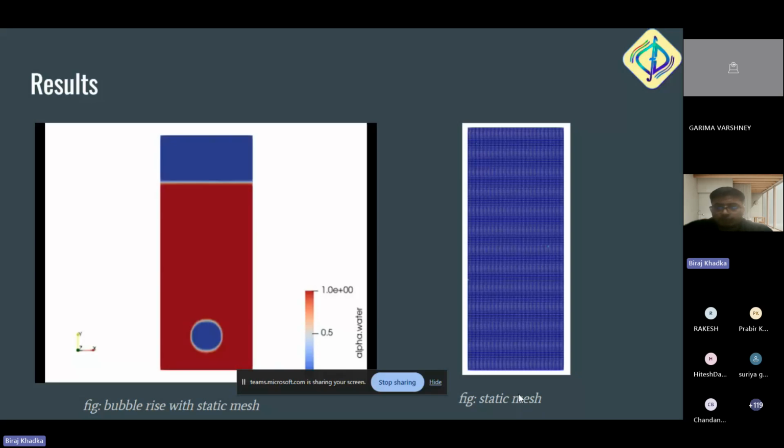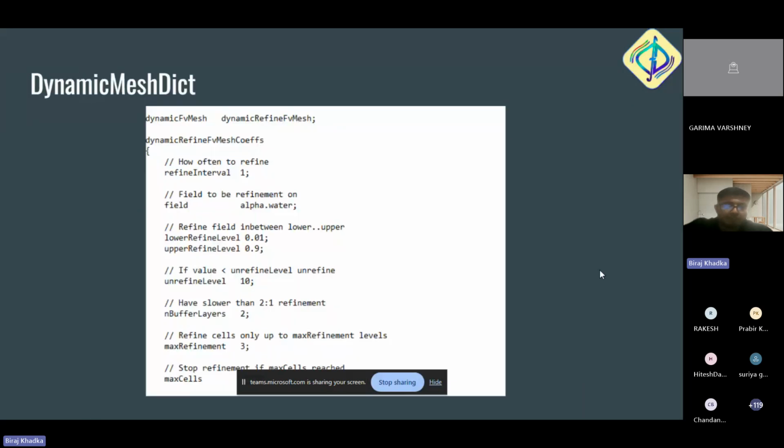But if we need to simulate with adaptive mesh refinement, AMR, we have to use an extra dictionary, which is dynamicMeshDict. All we need is just this file. The refineInterval means that the mesh will get refined at every iteration, depending upon the value of the field, which is alpha.water, the volume fraction of water.